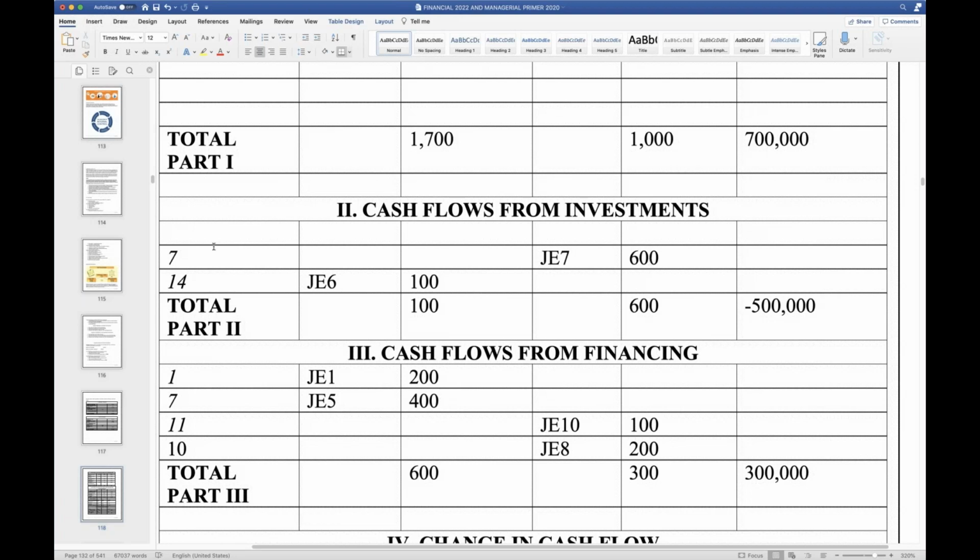So transaction 7 is in 2 parts. We purchased equipment for $600. We paid cash down of $200. That's in here, but that's offset by the fact that we signed a long-term note for $400. So the cash flow statement needs to reflect both things. It doesn't need to reflect the fact that you paid $200. It needs to reflect that you bought $600 and you owe $400. So that's a little different.